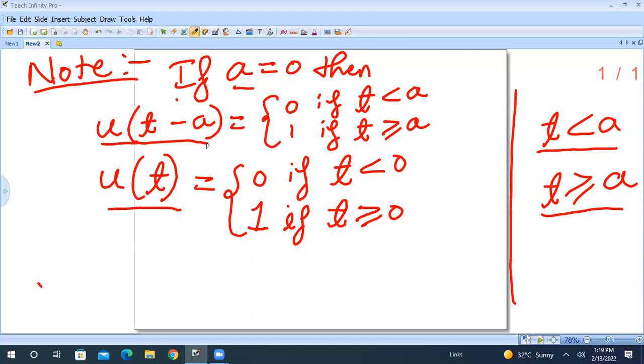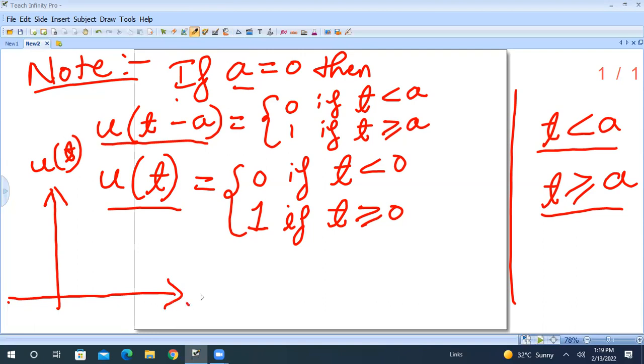So for this we have seen the graph. Let us see the graph for this. We need the x-axis here. On the y-axis we are writing u of t, and on the x-axis we are writing t.